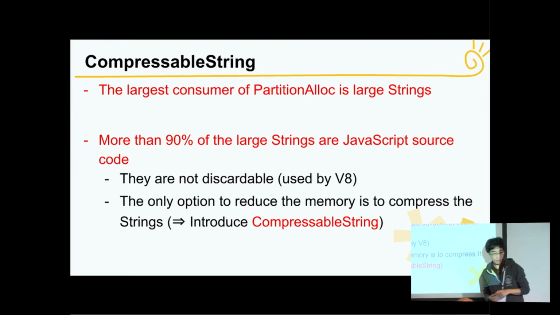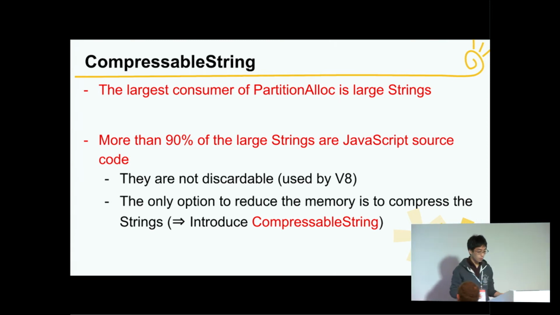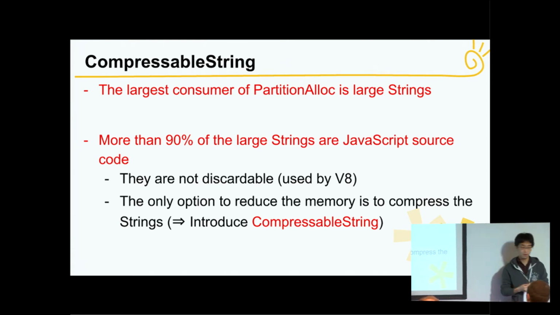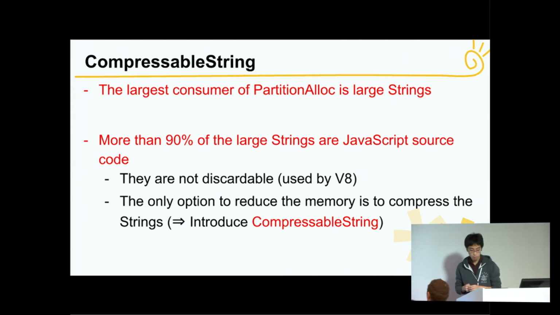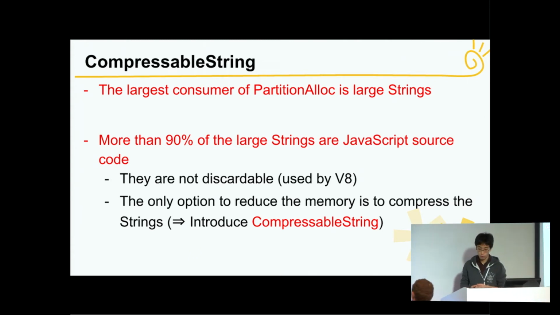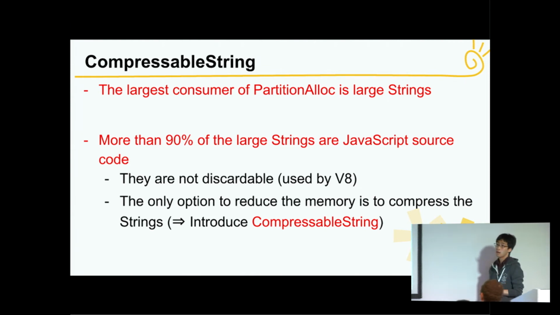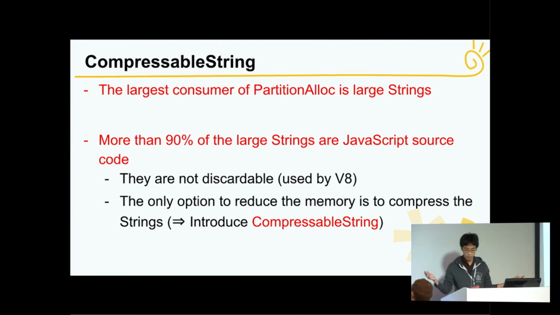The observation is that JavaScript source code is not discardable because V8 needs it, so the only option to reduce the memory is to compress the strings. So we are introducing compressible strings and using them for V8 JavaScript source code, CSS text resources, and a bunch of other things. But usages should be limited.